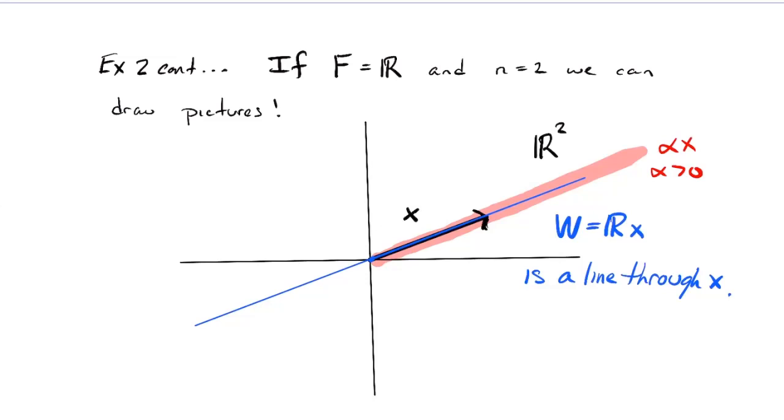If you go the other way, you take alpha to be less than 0, then alpha X would be a vector in the exact opposite direction. So this is the vectors that look like alpha X where alpha is less than 0. So this thing, R of X, is usually called the line through X because of this geometric thing.